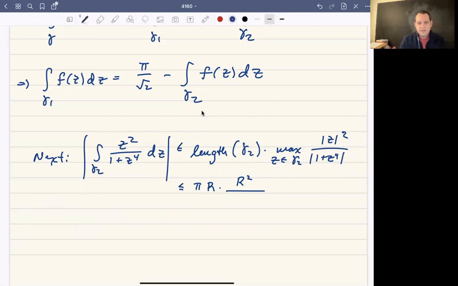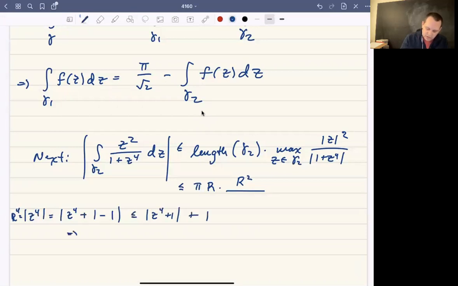I never memorize the things I don't need to memorize, and sometimes it shows, but that's fine. So z to the fourth is just r to the fourth. And so this is going to be z to the fourth plus 1 minus 1. And that's less than or equal to the modulus of z to the fourth plus 1, plus 1. And so that tells you, there we go.